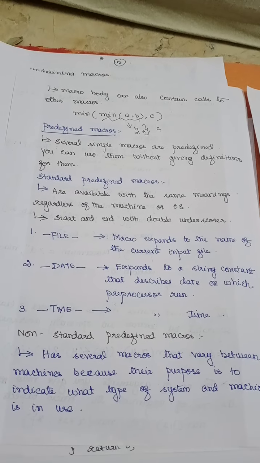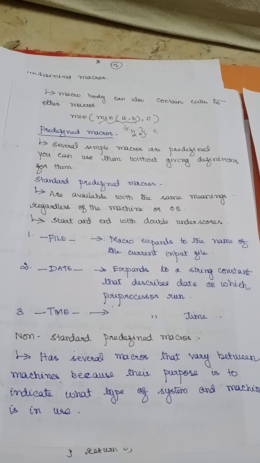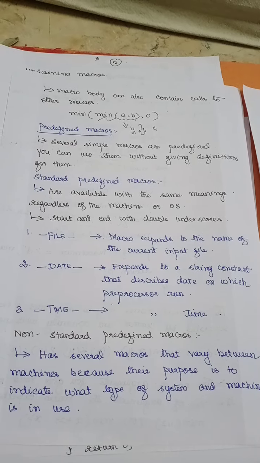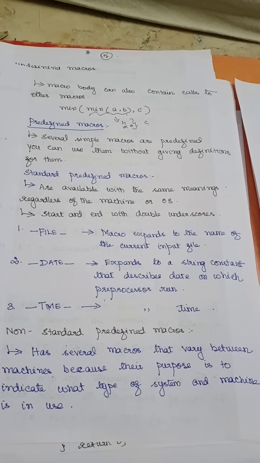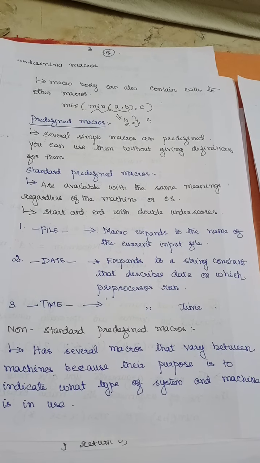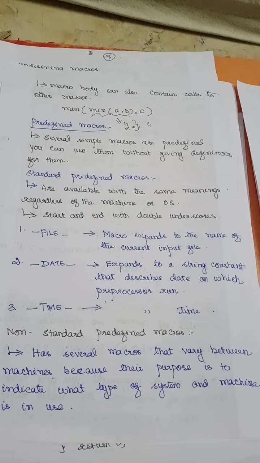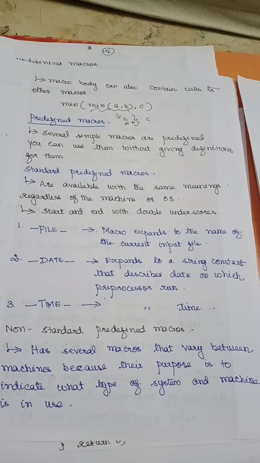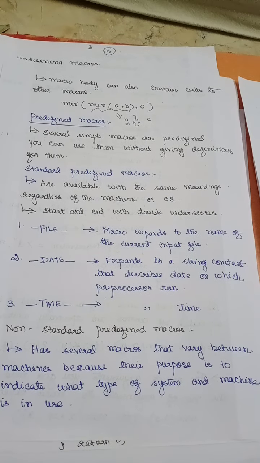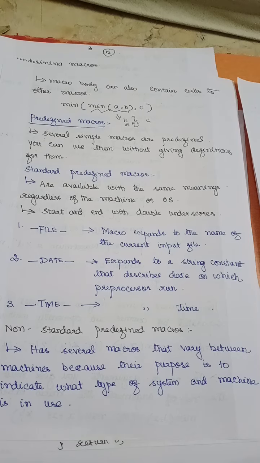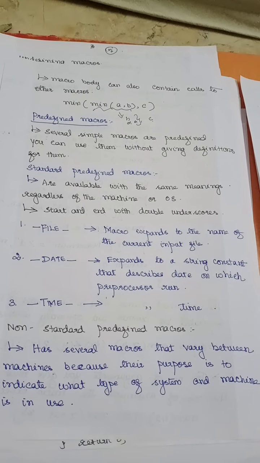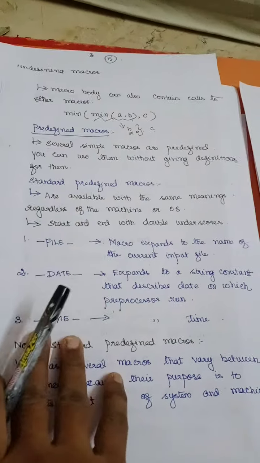Non-standard predefined macros vary from one OS to another OS and one machine to another machine, right? So standard predefined macros means your file, date, time. If I want to find out the name of the current input file, the date of my system, the time of my system, I can get it with the help of these macros, right?